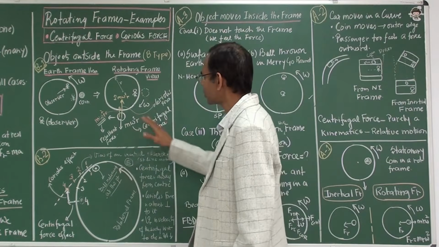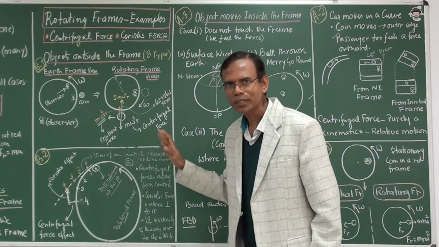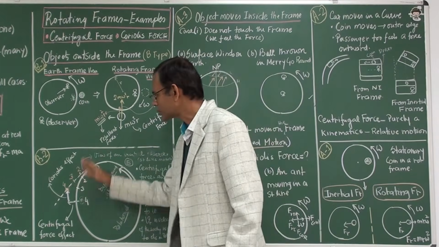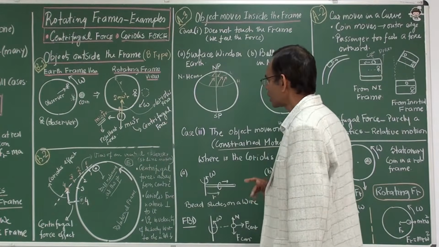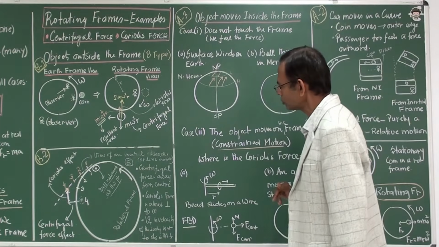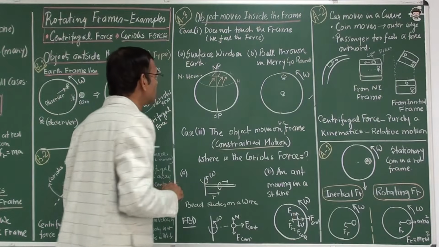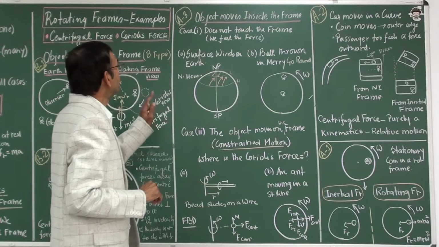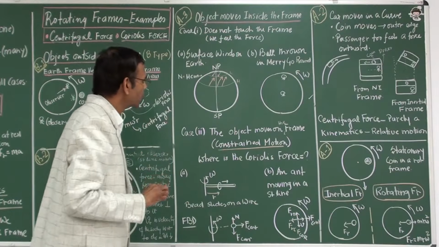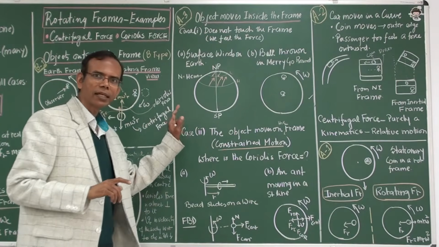So these two examples, I consider them as one of the best examples to understand these two effects. Now, let us come to the third example. Here again it is an interesting effect.